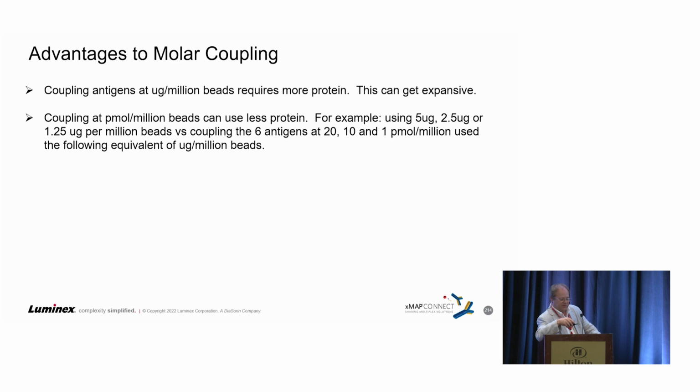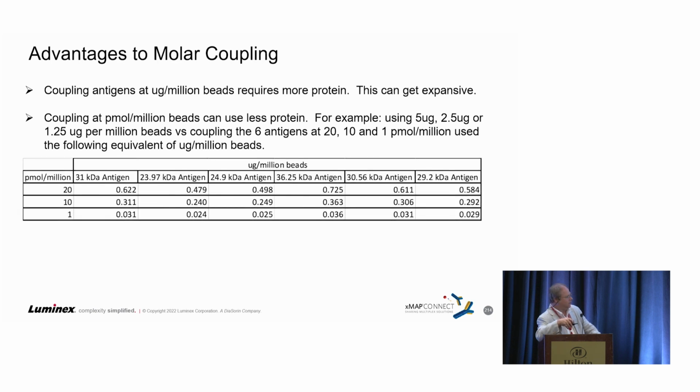Whereas if you couple these different antigens at these different picomole levels, you're actually going to end up using these amounts of micrograms of protein per million beads, which is significantly less than the 5, 2.5, and 1.25 per million beads. So you're going to save yourself a lot more money with regards to how little protein you need.